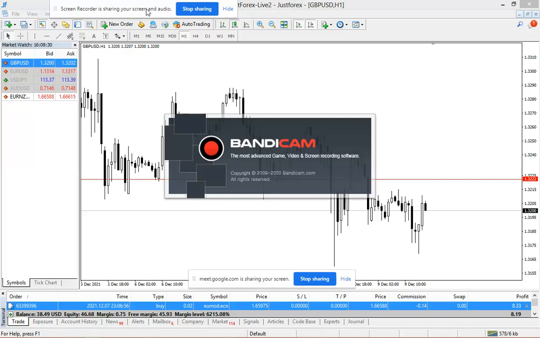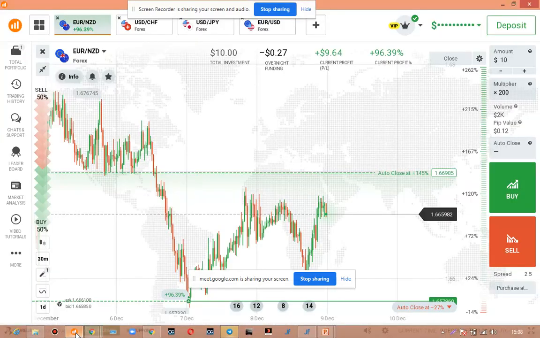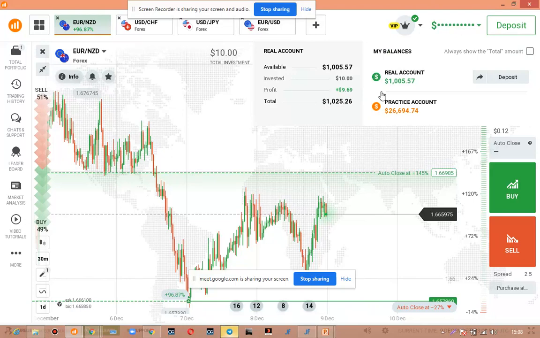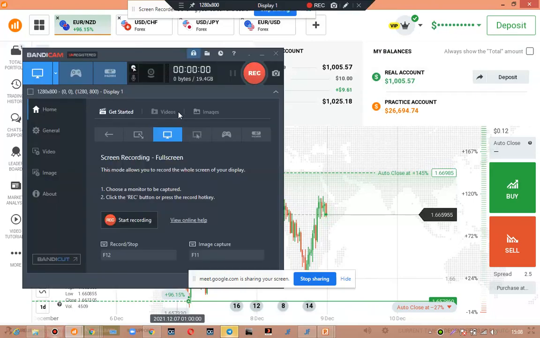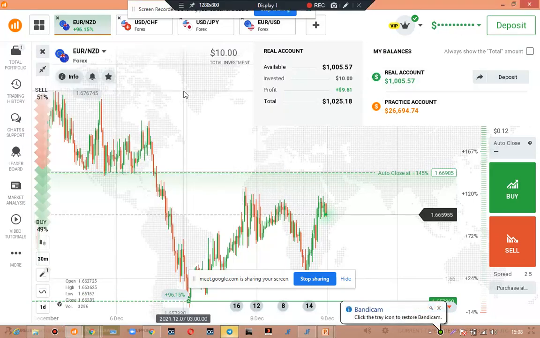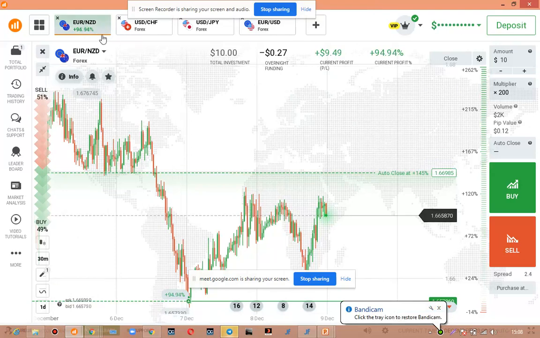Okay, you can see I don't want the number to show. And this is my live account on IQ Option. So I have withdrawn some amount of money today, so that means I'm still having some balance there, and I have a trade still running.